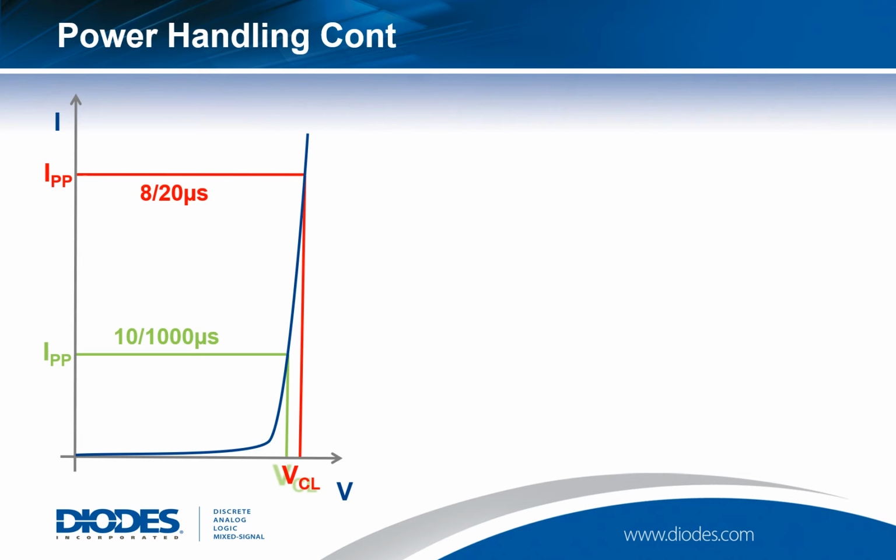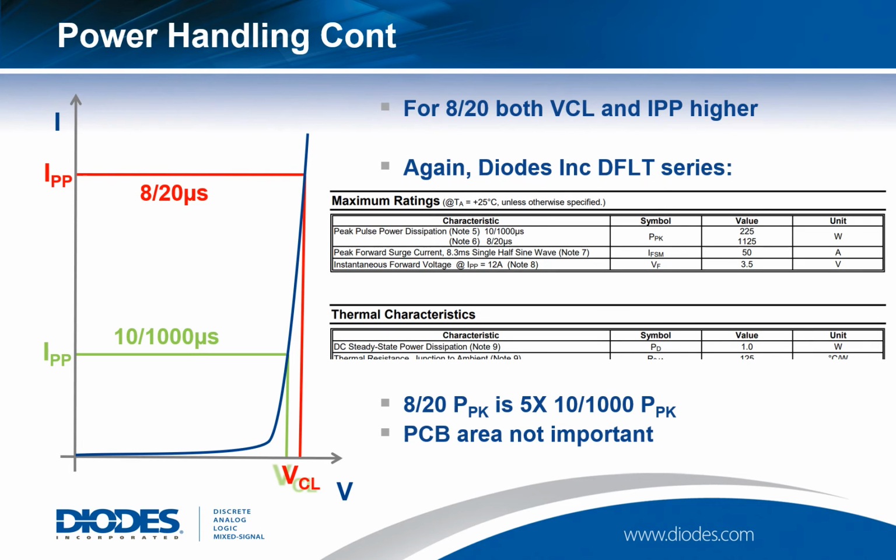If we relate that back again to a real-world datasheet, and again I'm using the Diodes Inc. DFLT series, what we'll see is that the 8/20 power handling is actually 5 times as high as the 10/1000. You can also see that there is a given steady-state power dissipation figure, but as I've already said, this is largely meaningless in the case of a TVS.